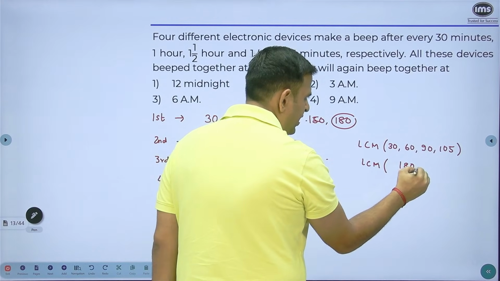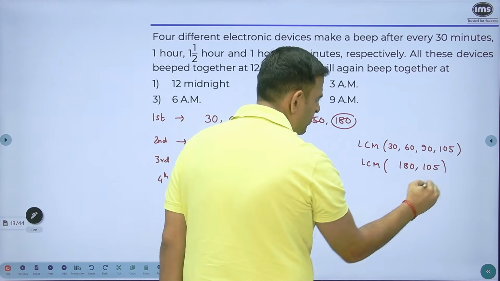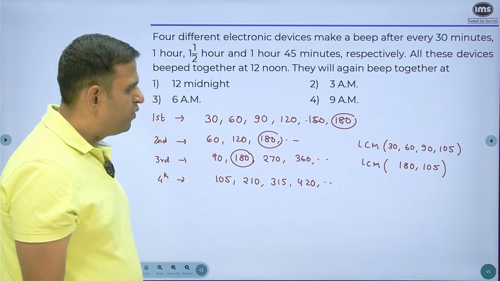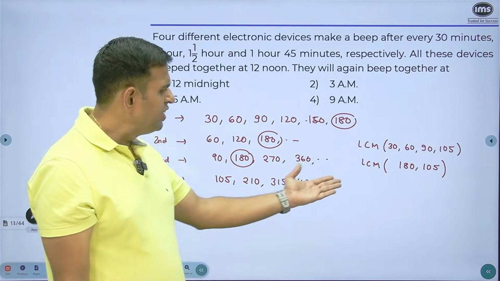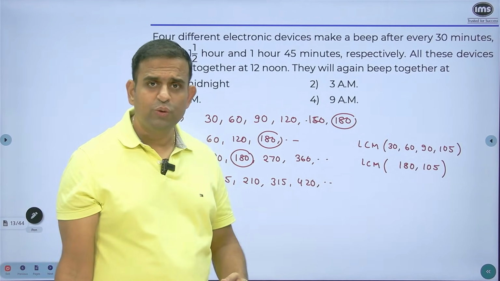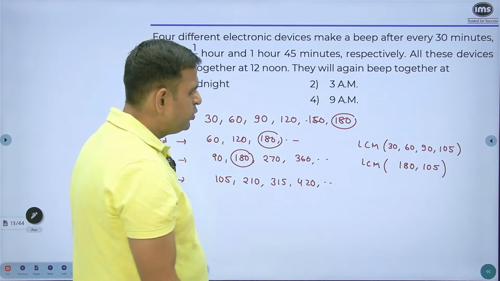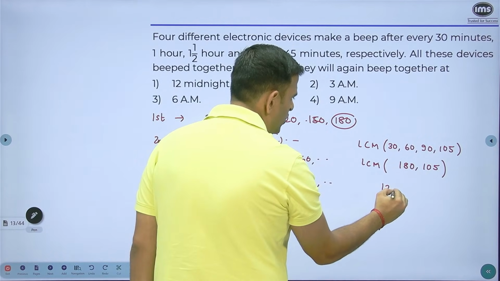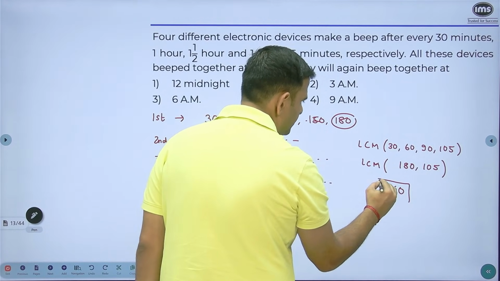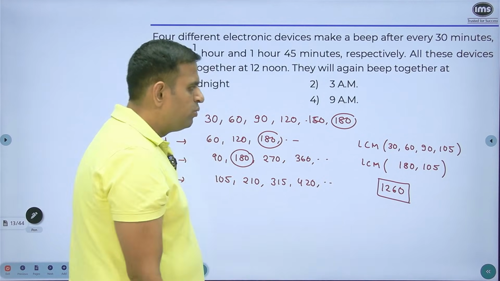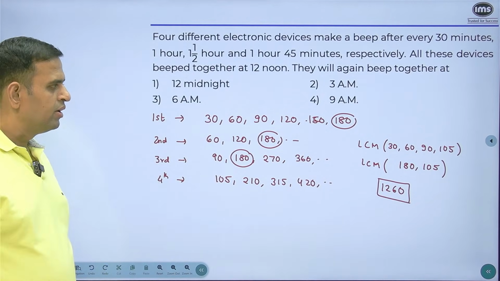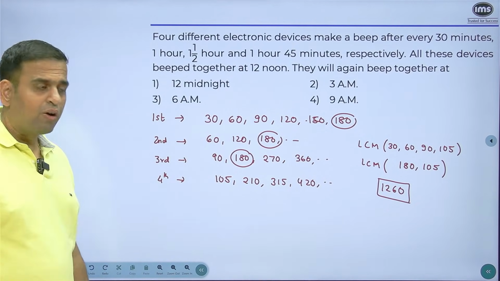It is 180, and this is 105 over here. So what is the LCM of 180 and 105? In this particular case, it comes out to be 1260. So 1260 is going to be a common number in this particular context.